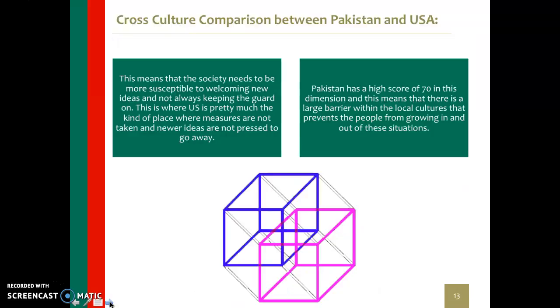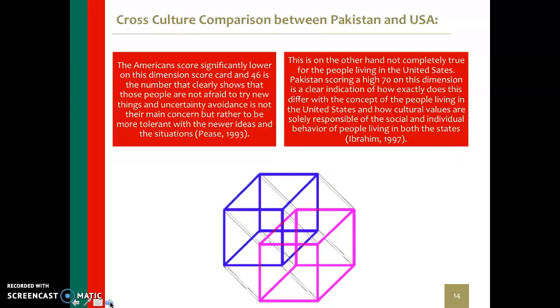Both of our societies need to be more susceptible to welcoming new ideas. I think the U.S. has a little bit of an edge here, where newer ideas are not pressed to go away. Pakistan, though, has a larger barrier that prevents people from thinking outside the box because it's simply never been done that way before.